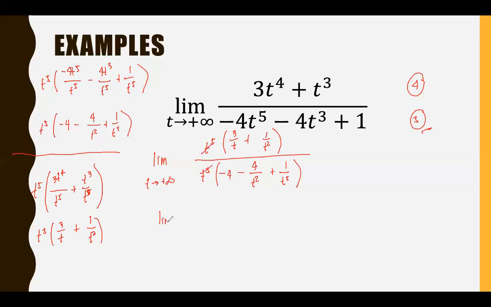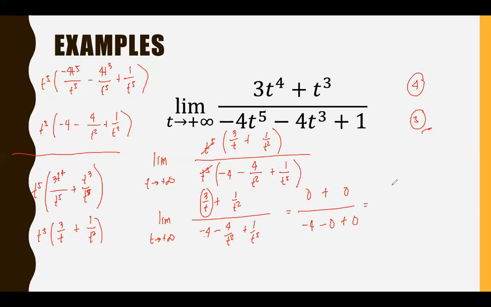And then it's the limit of 3 over t plus 1 over t squared over negative 4 minus 4 over t squared plus 1 over t to the power of 5 as t approaches positive infinity. The same thing, you can distribute. So the limit of 3 over t is 0, plus the limit of 1 over t squared is 0, over the limit of negative 4, a constant, so negative 4, minus the limit of 4 over t squared, which is 0, plus the limit of 1 over t to the power of 5, which is equal to 0.